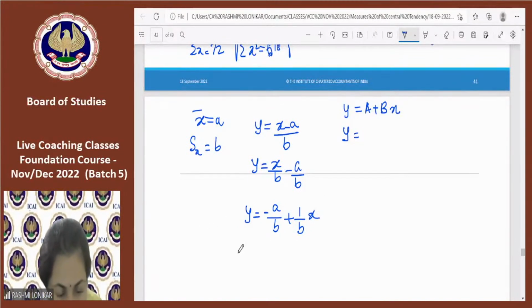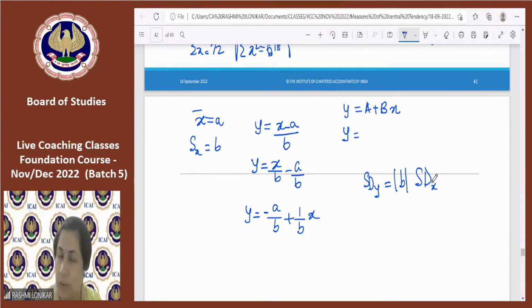The formula that I know is that the standard deviation of y is equal to B times the standard deviation of x. It is affected by a change of scale. Now this is of the form y is equal to A plus Bx.